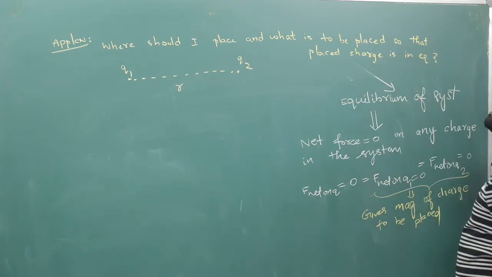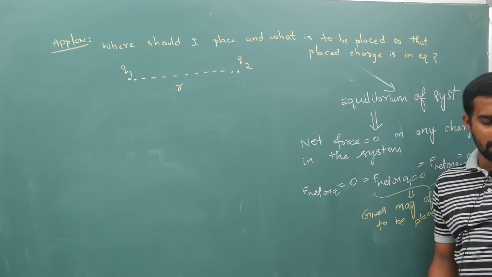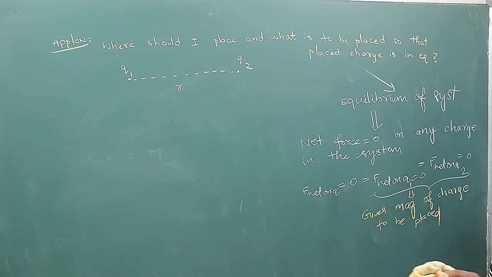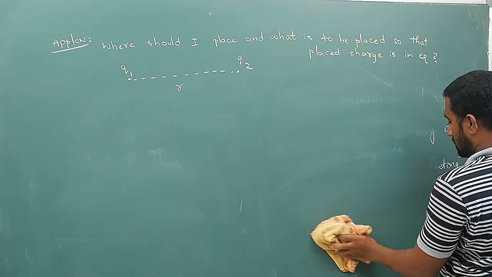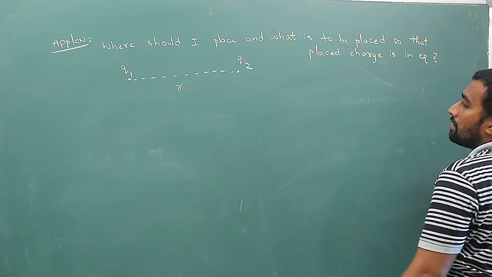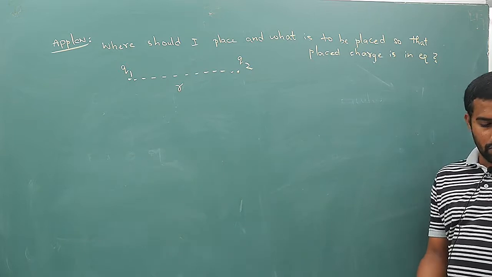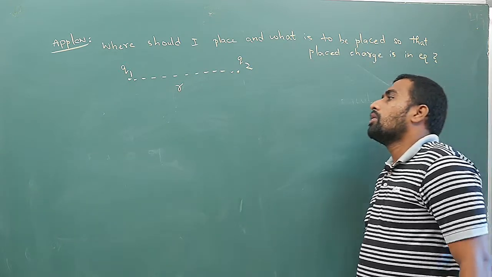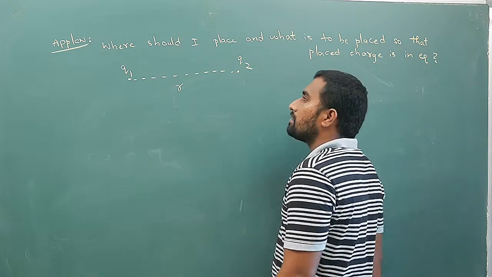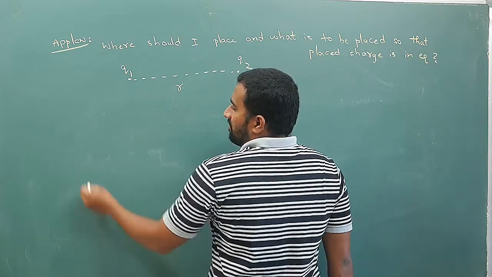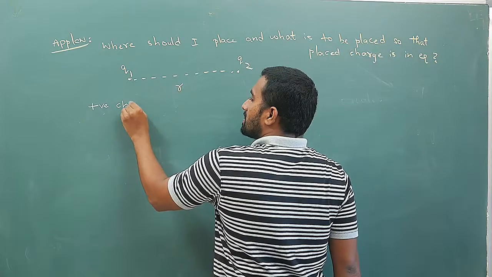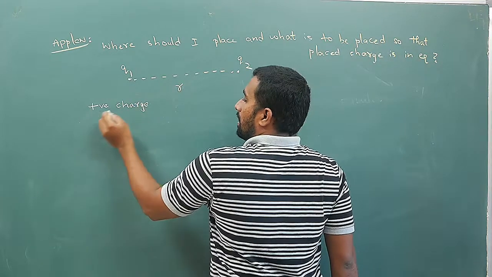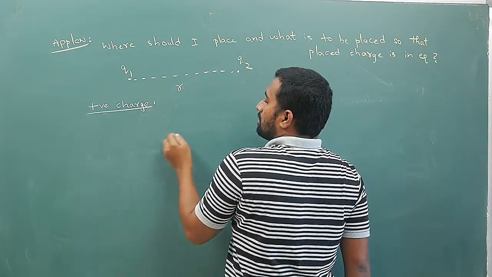Here we are referring to translational equilibrium. In translational equilibrium of bodies, net force is 0. So the charge that I am placing here, on that placed charge the net force is supposed to be 0. Now, first for a positive charge, let us say I am placing it, I look at the position first.